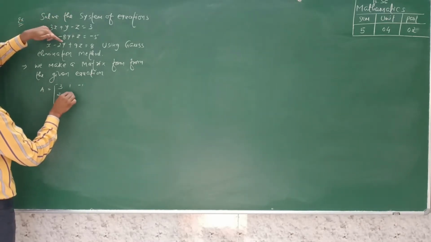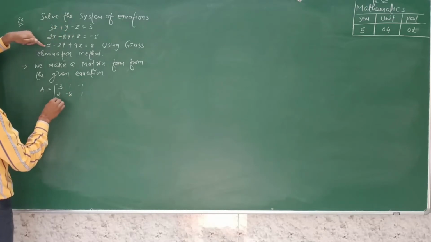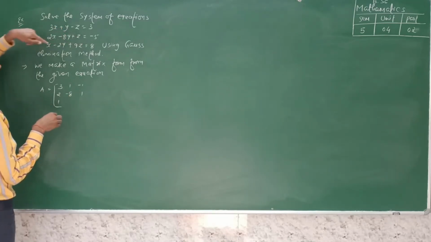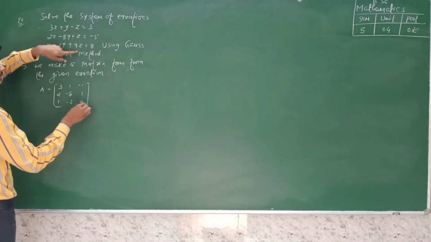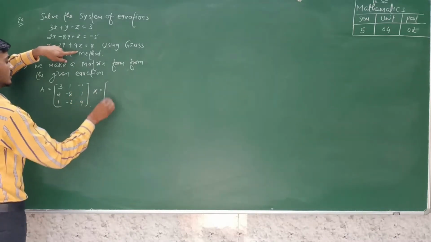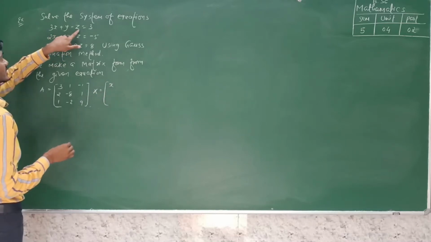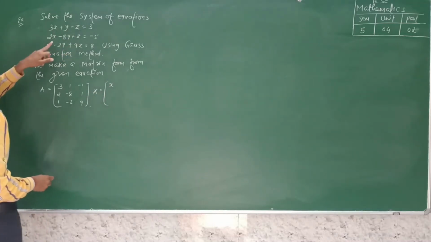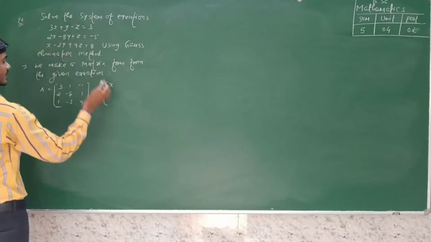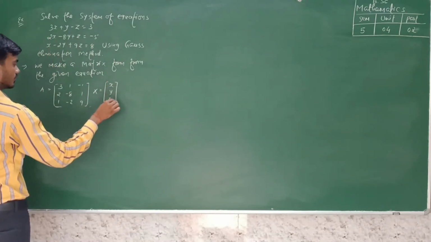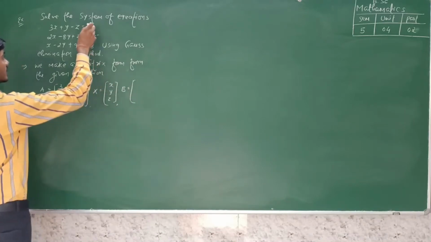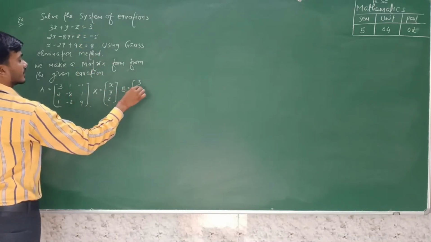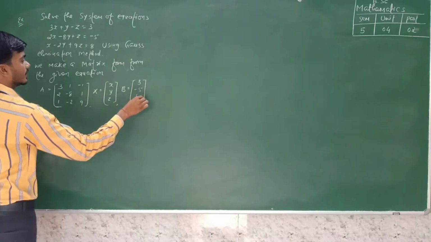In the second row, 2, minus 8 and plus 1. In the third row, 1, minus 2 and plus 9. X is equal to the three unknown variables which we find by using this method: x, y and z. And b is equal to 3, minus 5 and 8.